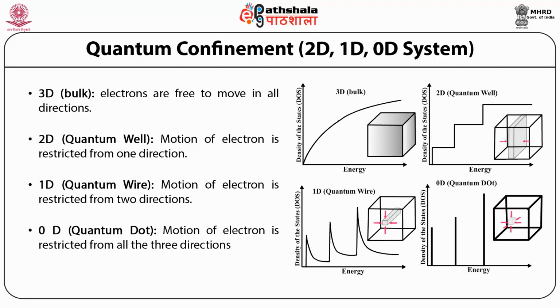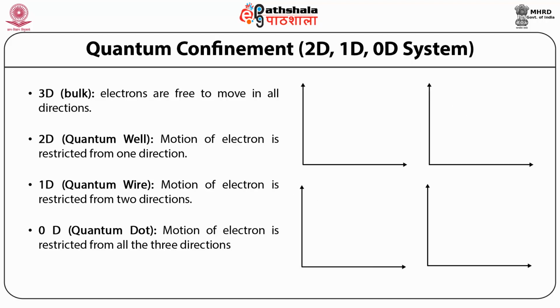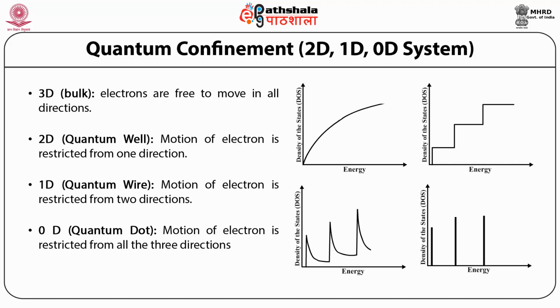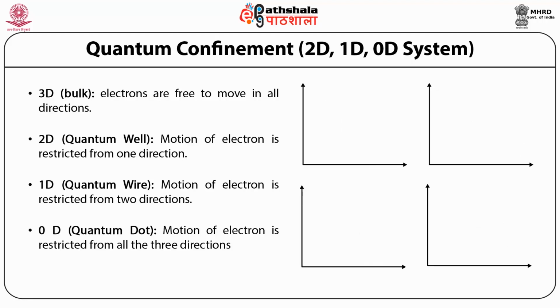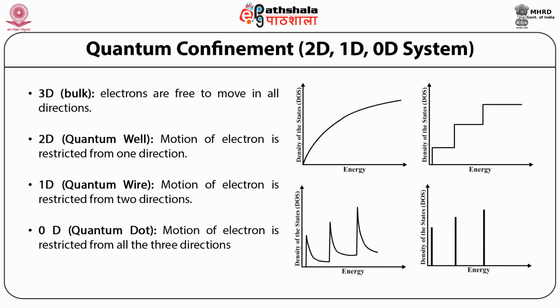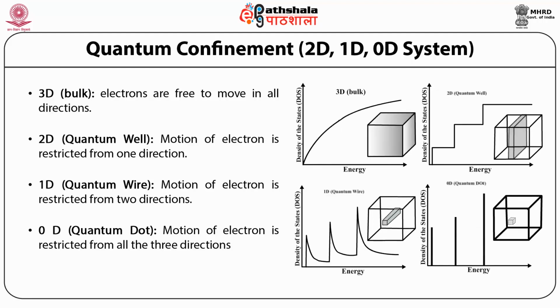All the existing materials can be characterized into four broad categories on the basis of quantum confinement. If the electrons are free to move throughout the material in all three directions, x, y, and z, such materials are known as 3D or bulk materials.